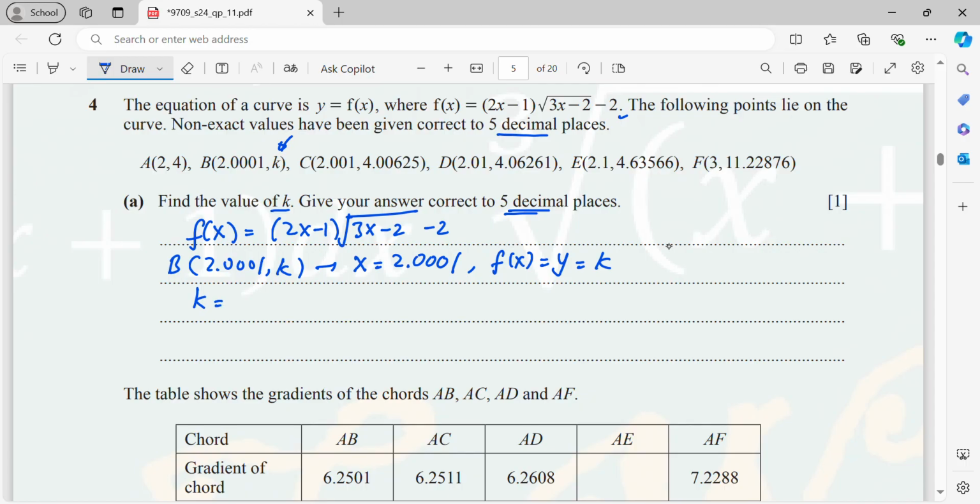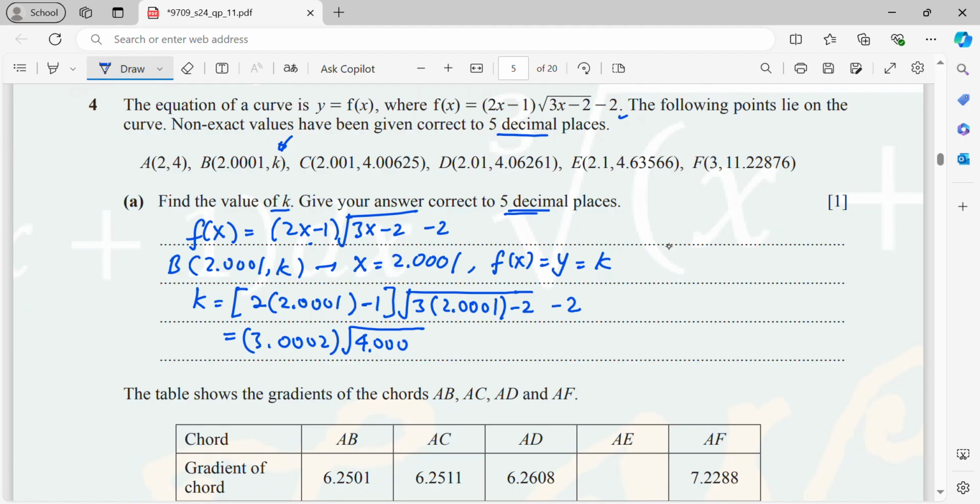So k equals 2 times (2.0001 minus 1), that is the first bracket, then square root of 3 times (2.0001) close bracket minus 2, and another minus 2 outside. Okay, then from here you will be getting 3.0002 times square root 4.0003, then minus 2. So your k is going to be 4.0063. That is 5 decimal places. So that's the k value.